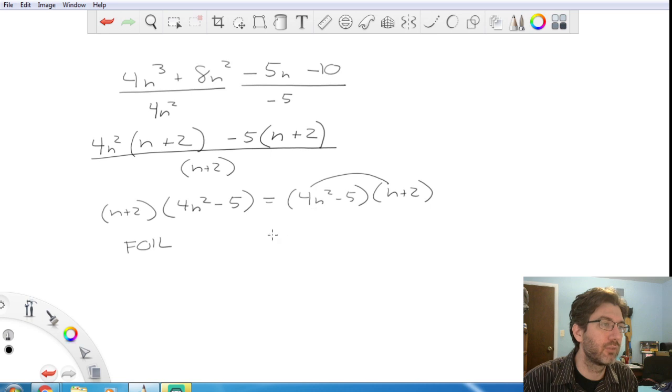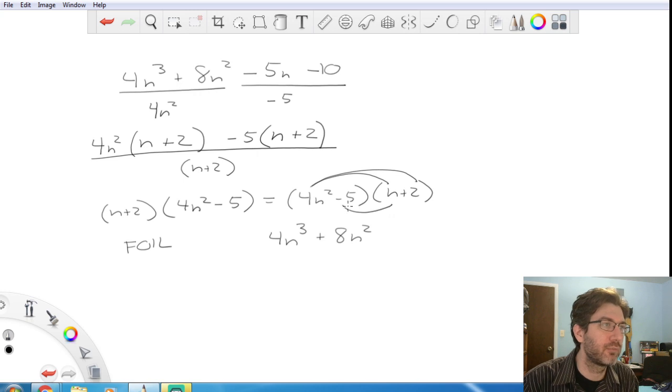4n squared times n gives you 4n cubed. 4n squared times 2 gives you a positive 4 times 2 gives you 8, and then n squared. And you'll note this is looking pretty good so far because it's matching this.